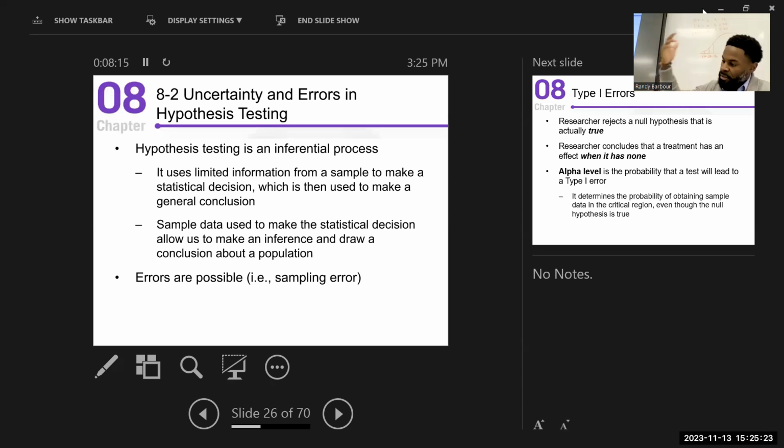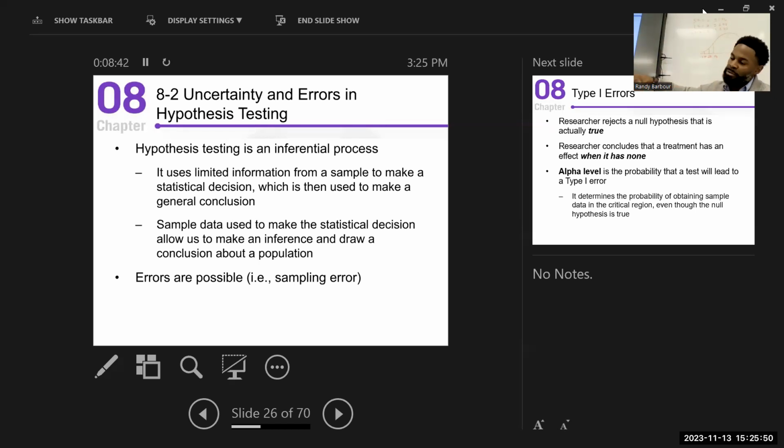Once we do those 4 steps, when we make that decision at step 4, we're then going to be able to either draw a conclusion about the population or not be able to draw the conclusion about the population based on the data that I collected. Okay. Errors are possible because it's almost impossible that you're going to be able to collect data on the entire population, right?